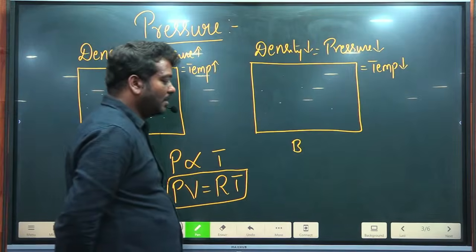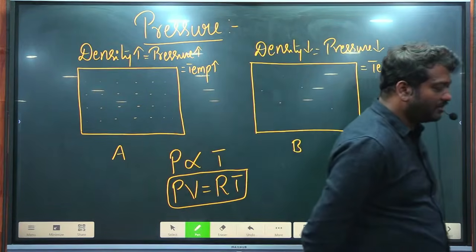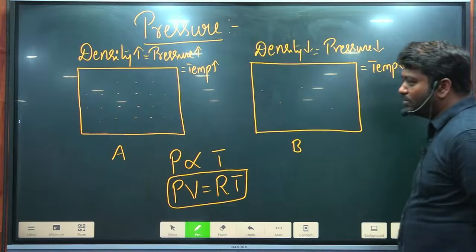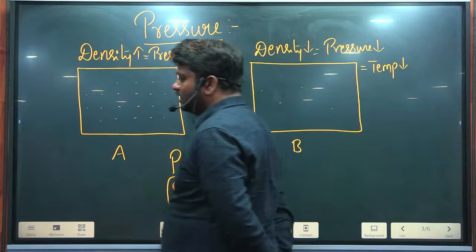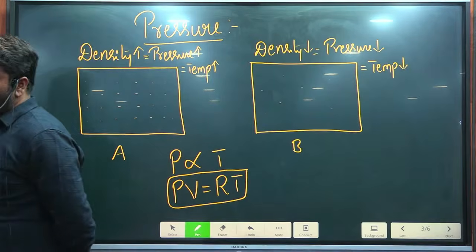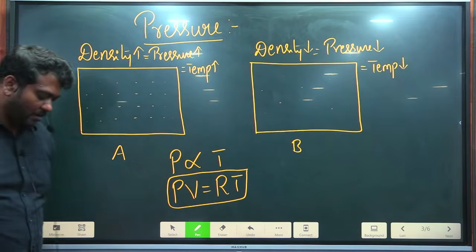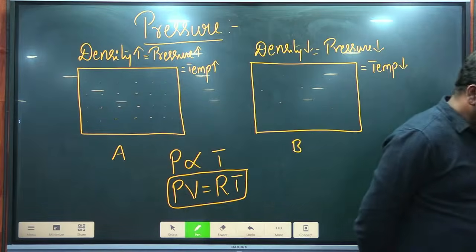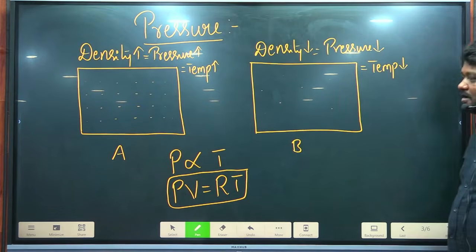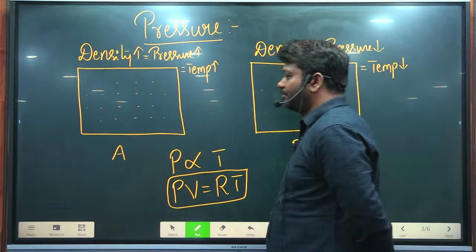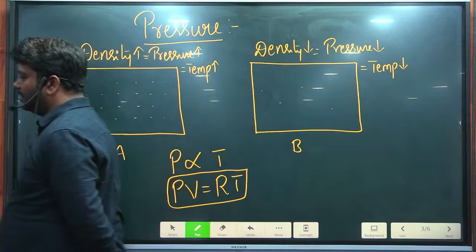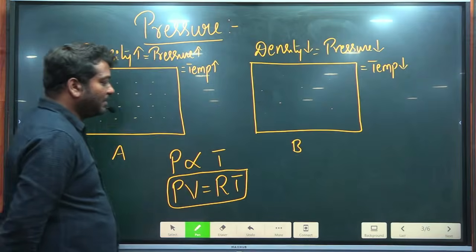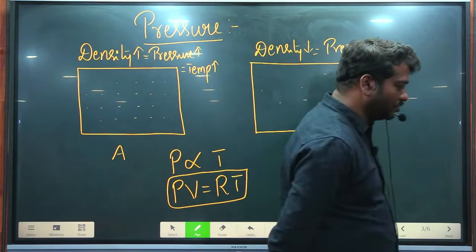Next you write, whenever there are less number of particles, then density will be less, pressure will be less, and temperature also reduces.